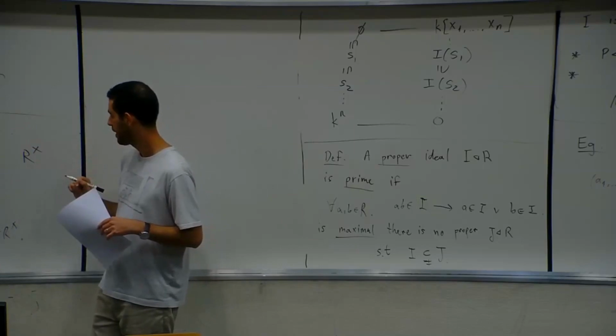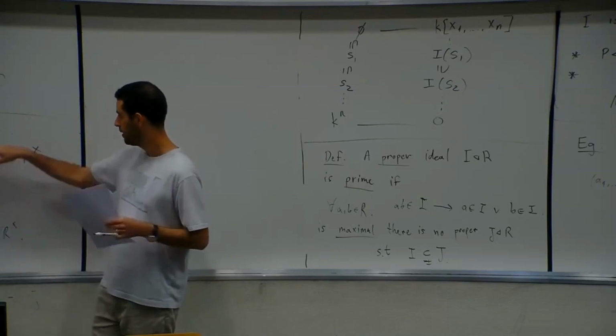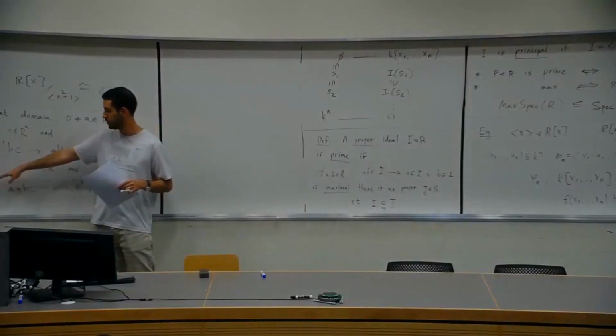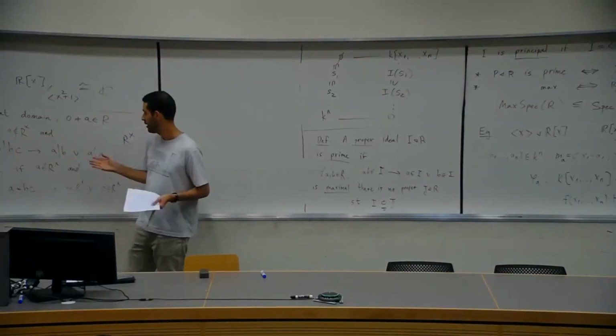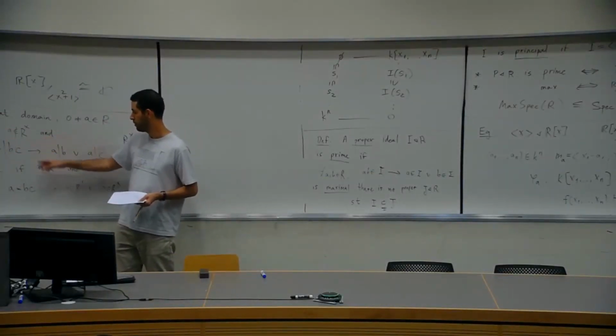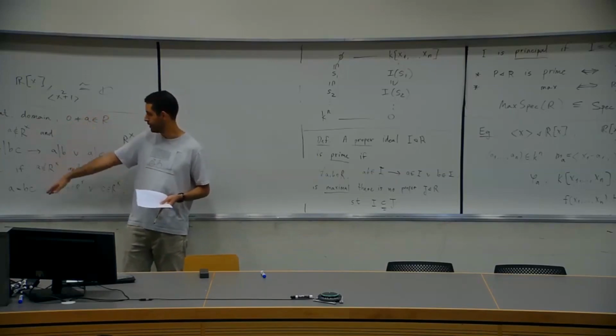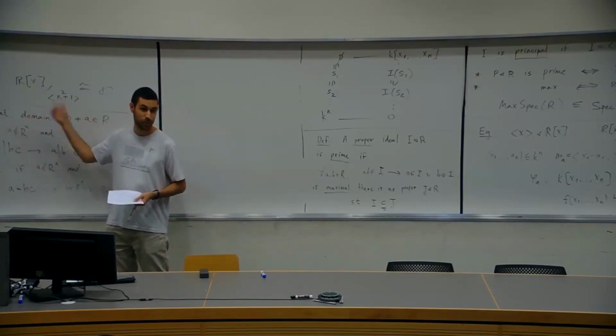The set of units, yes. And note that if R is a field, then the concept of prime and irreducible element is irrelevant, because every non-zero element in a field is a unit. So this only makes sense if we are in an integral domain which is not a field.